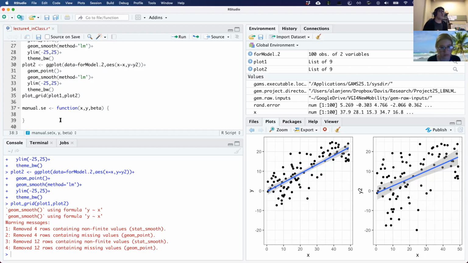Because we know what the true value is in this case, we can see what happens if we put in the wrong value, and whether the standard error and the R-squared will reflect the fact that something might be wrong in our estimate. So in order to do that, we have to manually calculate the standard error, because we want it to calculate the standard error for an incorrect beta.